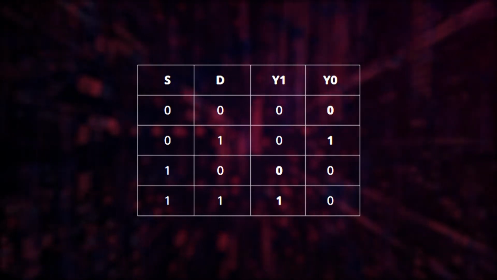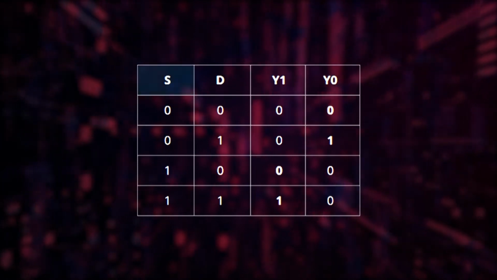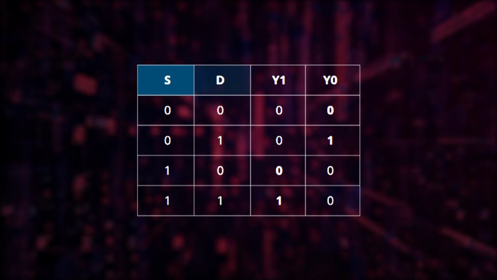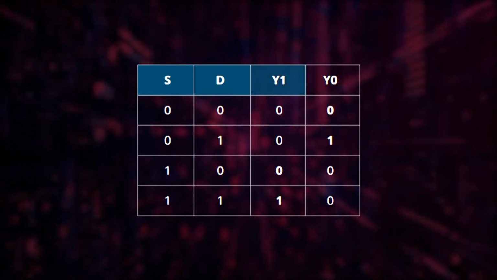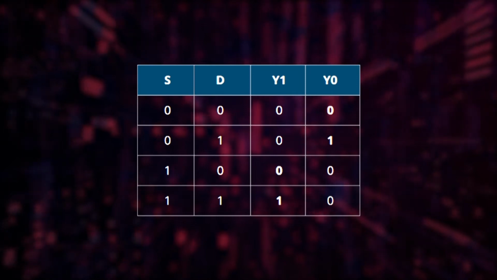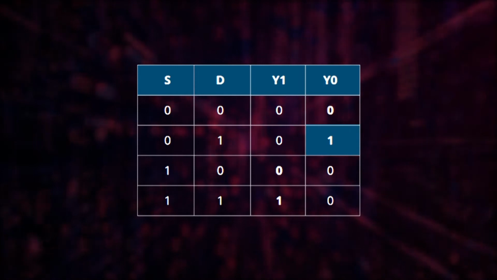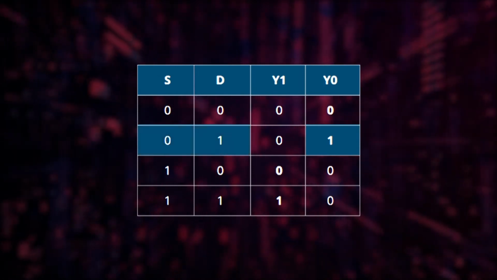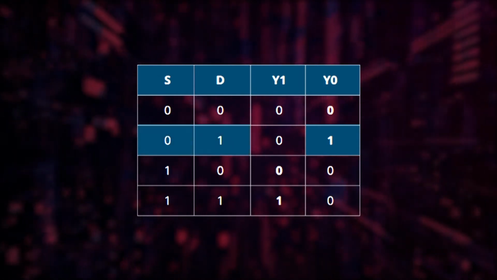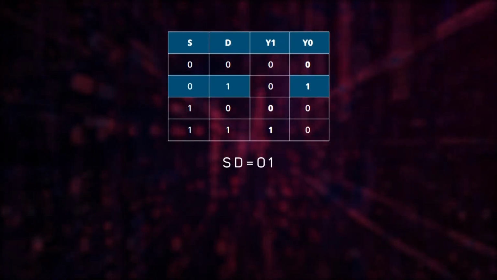We can derive the Boolean expressions for the outputs as follows. Assume S is the select input, D the data input, and Y0 and Y1 are the outputs of the demultiplexer. From the table, the output Y0 is active when the combination of select line and input line are active low and high respectively, that is SD equal to 0 1.